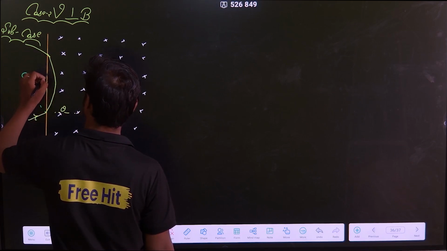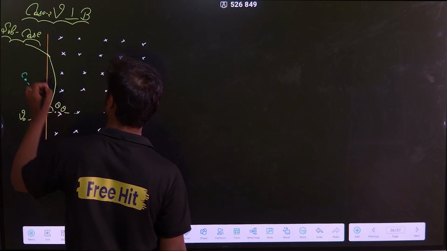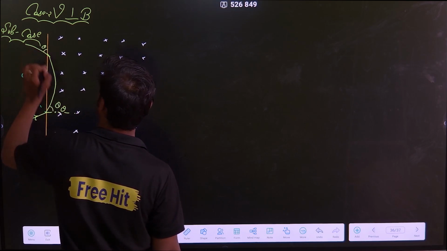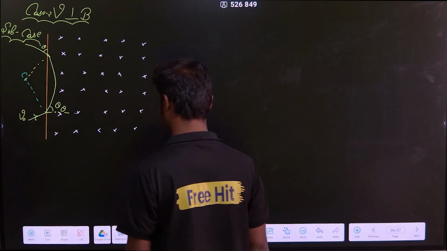Okay, this angle is theta, and it will come out with the same angle theta. And here, you will also see, it is going to pass through this center.